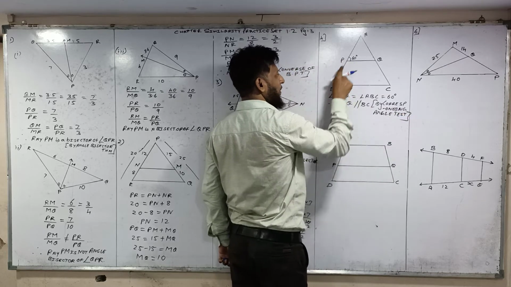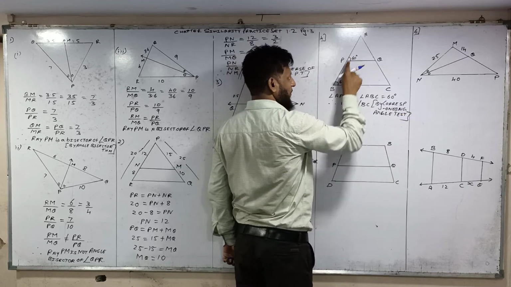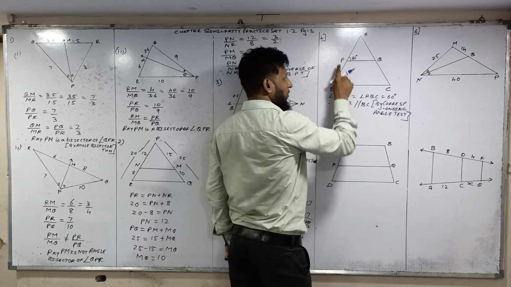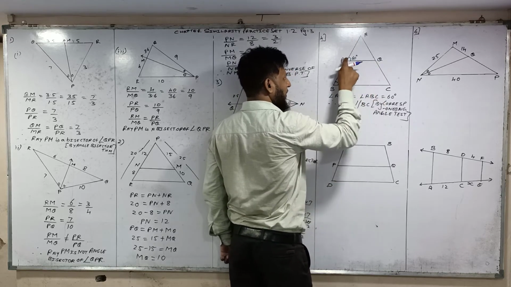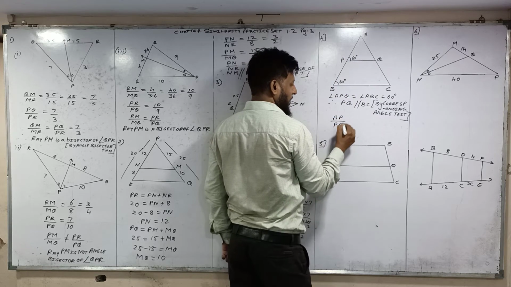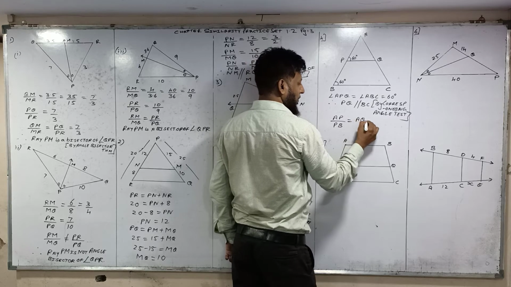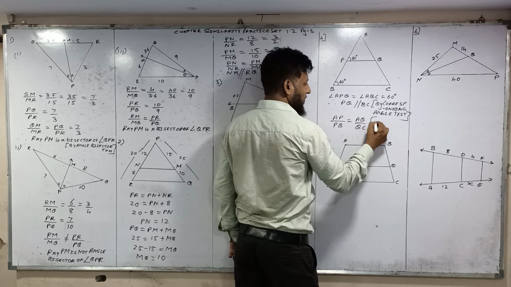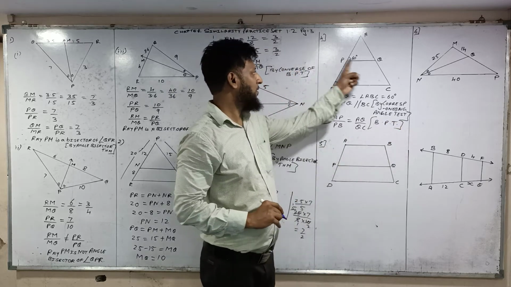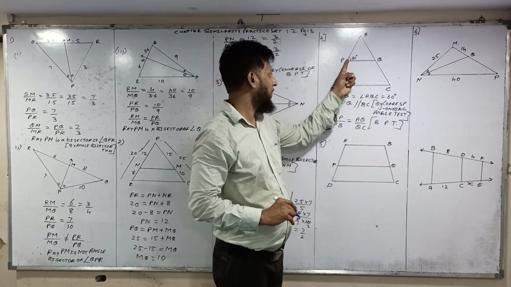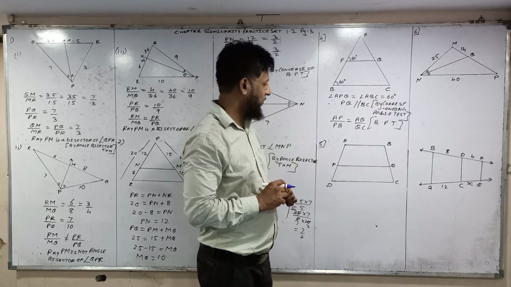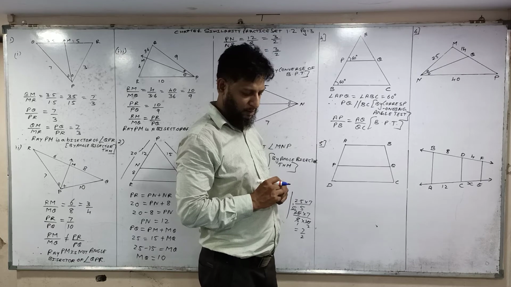So when PQ is parallel to BC, therefore AP upon PB is equal to AQ upon QC by basic proportionality theorem. Fourth sum done.